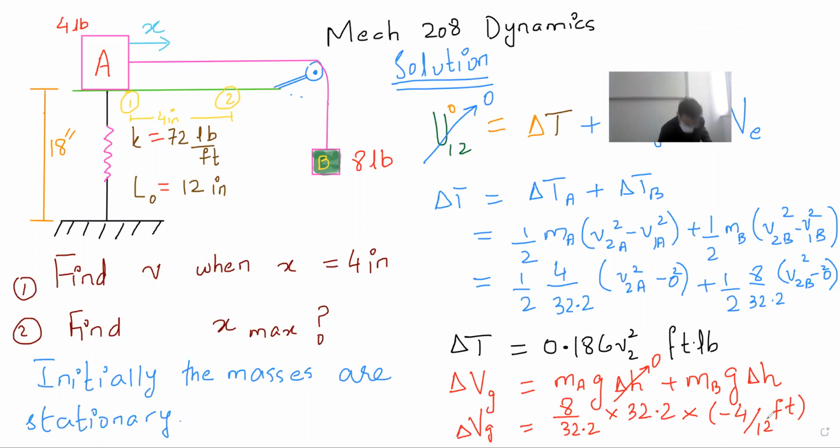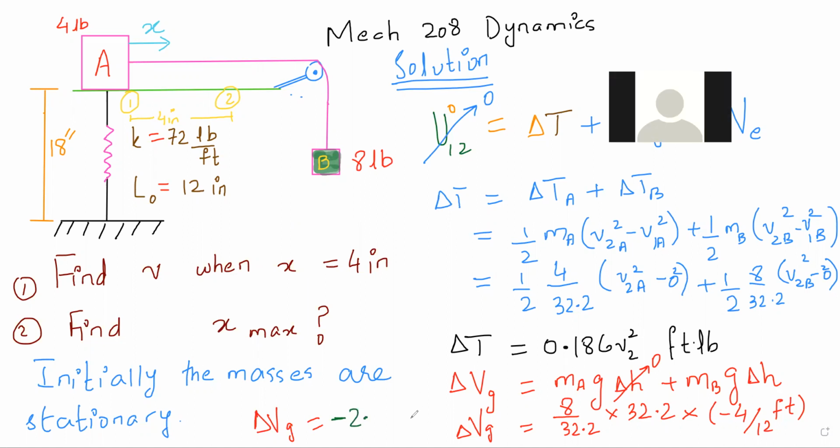Now I divided this by 12, so delta Vg comes out to be, how many agree? Give me a value, please. 2.66. Yes, I can hear Jose.